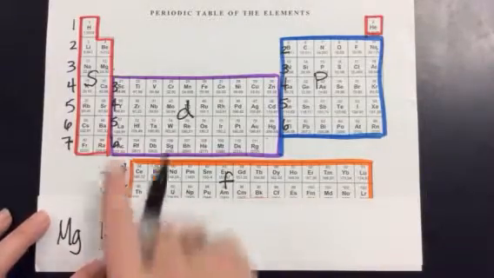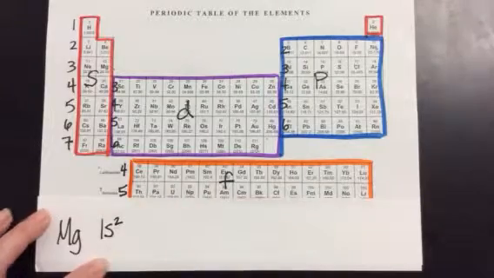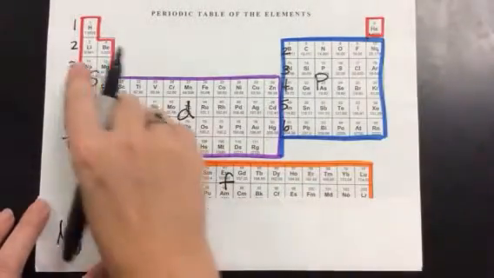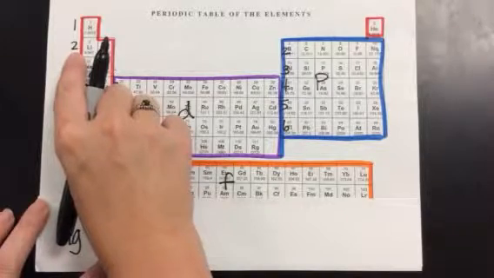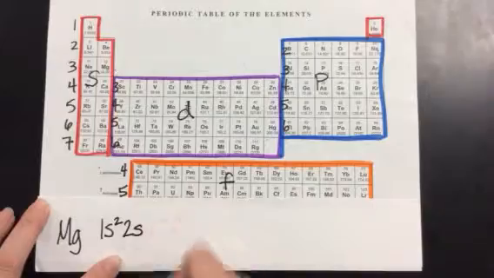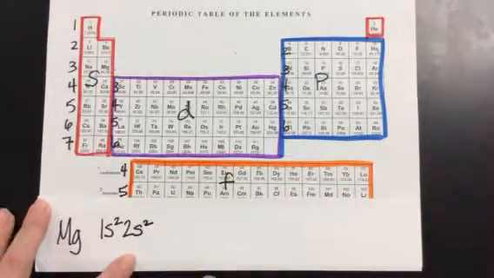The S block can hold 2 electrons, so I just write the number 2 right there. After 1s2, I drop down to the next row, and I'm at 2, still the S block, so 2s. There are 2 electrons in that block.